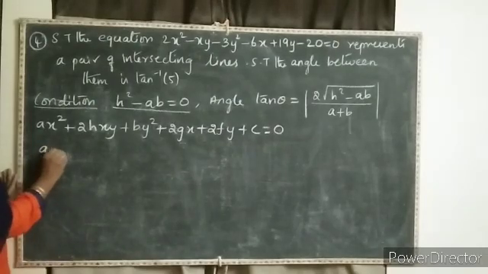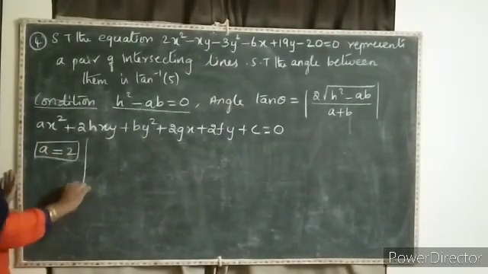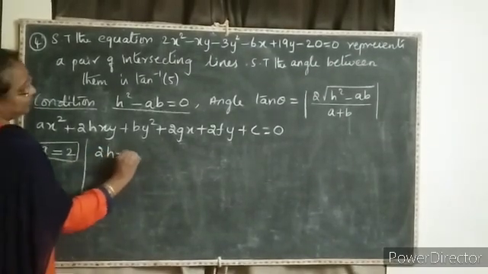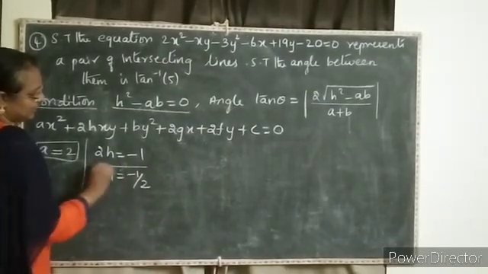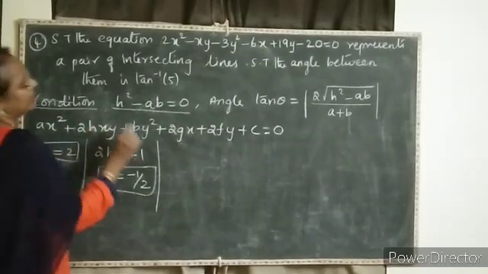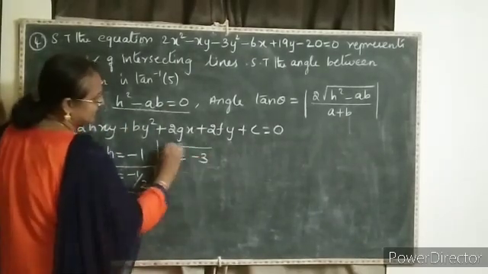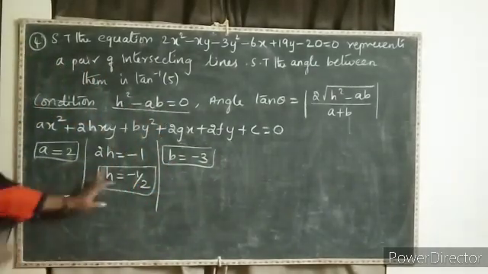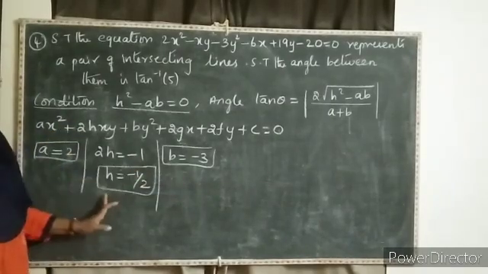From that comparison I get a is equal to 2. Then 2h is equal to minus 1, so h is equal to minus 1 by 2. Now what is the b value? b is equal to minus 3. So we need only these three values: a, b and h.